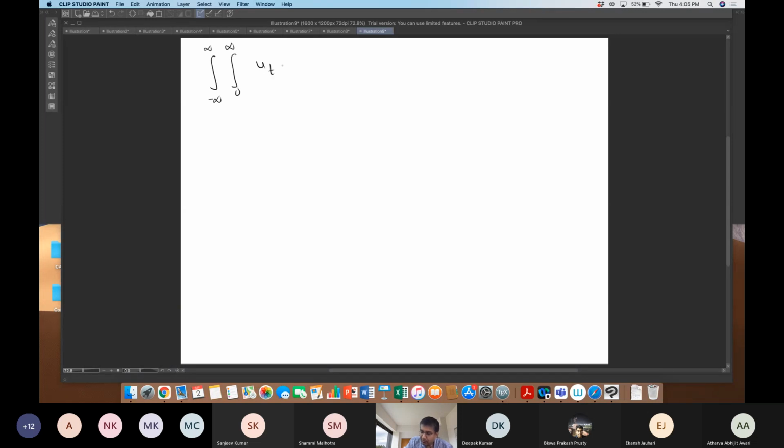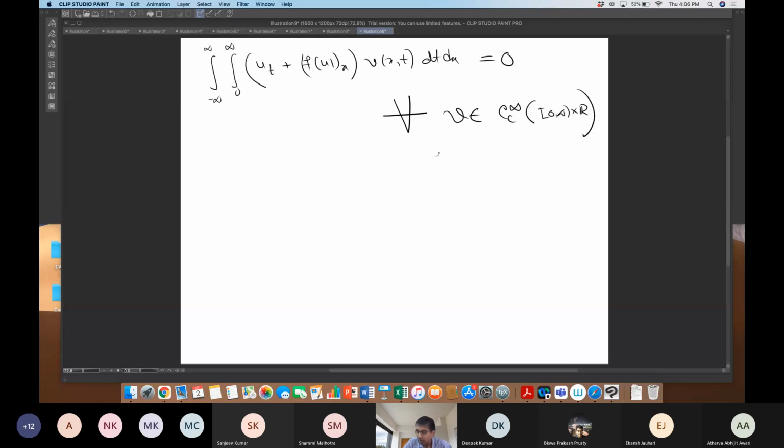The integral from 0 to infinity of (u_t + f(u)_x) v(x,t) dt dx equals 0, and this equality holds for every v in C_c^infinity of (0, infinity) cross R. This is a measure theory question: if the integral of u times phi equals 0 for all phi in C_c^infinity, this implies u has to be 0 almost everywhere.